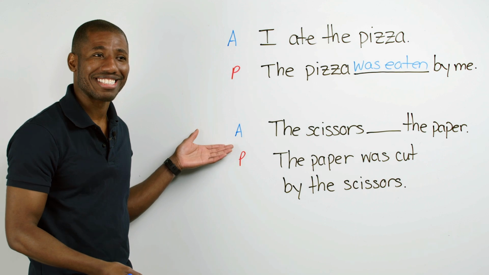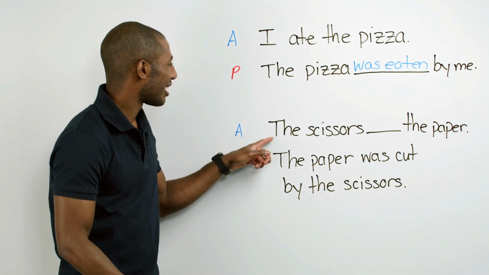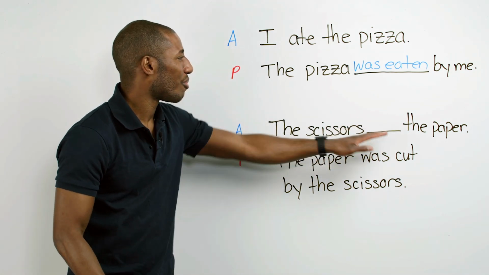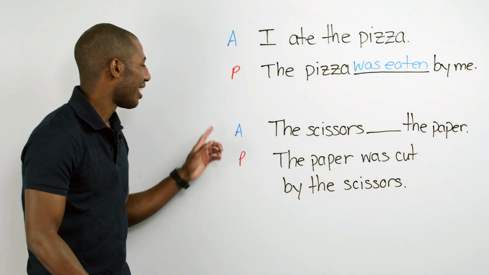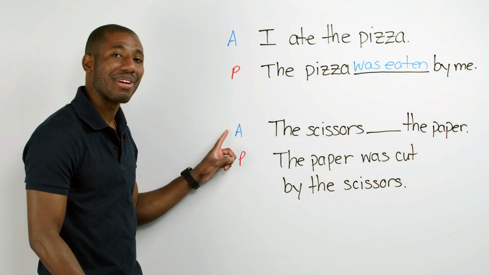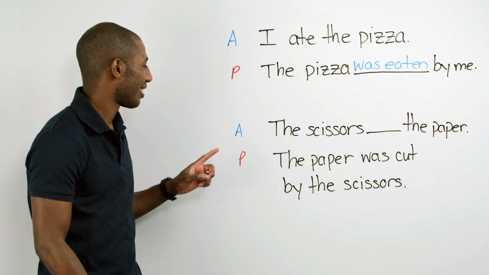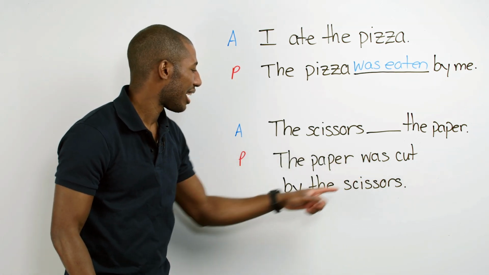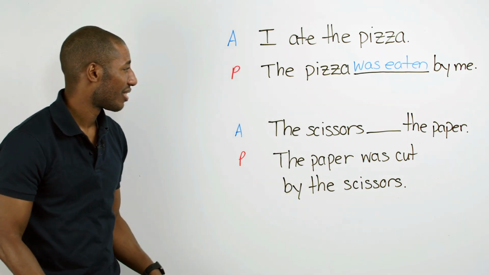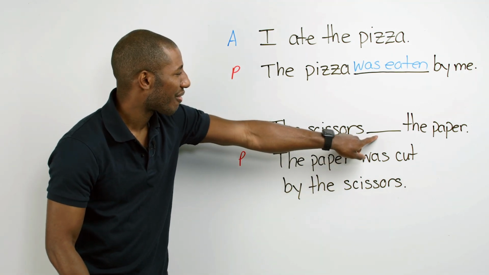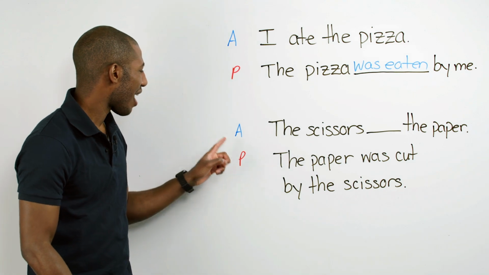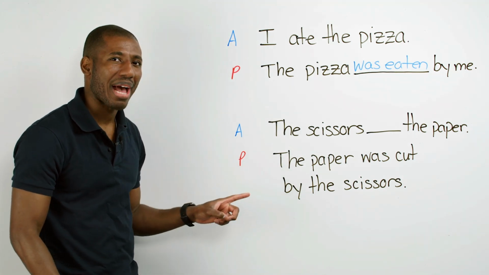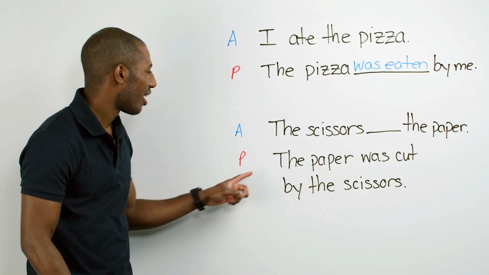Let's look at our second example. The scissors blank the paper. This is a sentence written in the active voice. Our passive voice sentence is, the paper was cut by the scissors. Well, since we have to figure out what's in the blank for our active voice sentence, let's look at the passive one to help us with that.